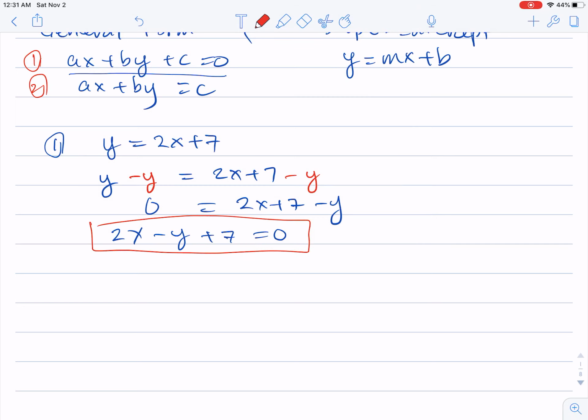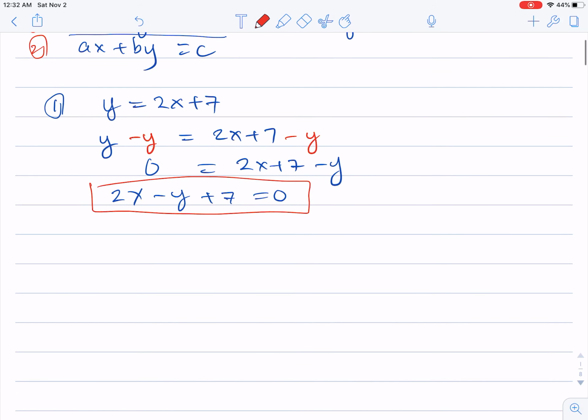Now, kung gusto nyo yung form number 2, tatanggalin natin yung 7 sa left hand side, no? Para yung c, which is 7, nasa right hand side siya. And we do that by, since addition siya, magsasubtract tayo. 2x minus y plus 7 equals 0.